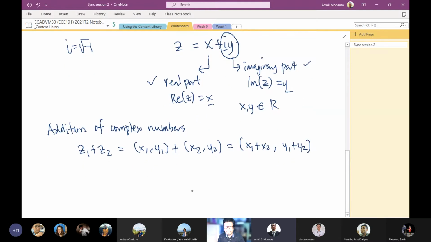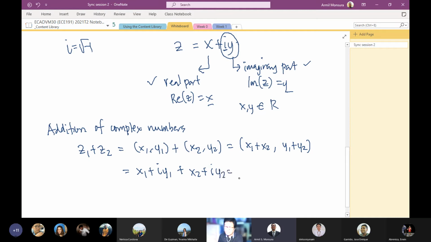Or equivalently, when we write this in terms of the original notation that we have used, we will have x1 plus i y1 plus x2 plus i y2.